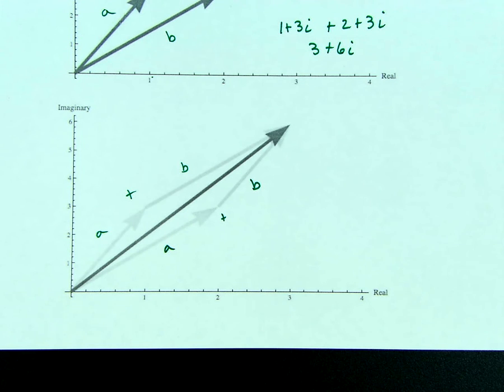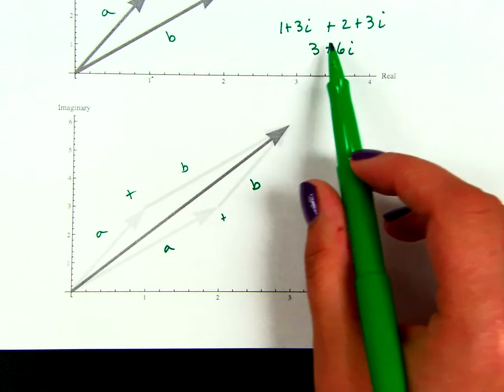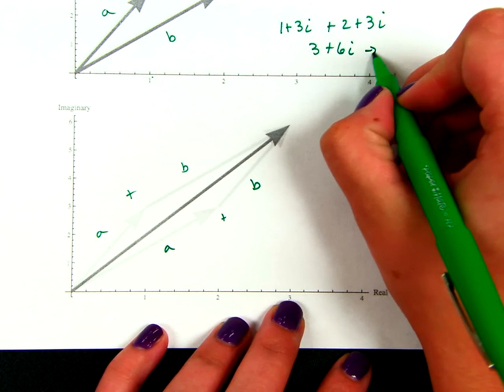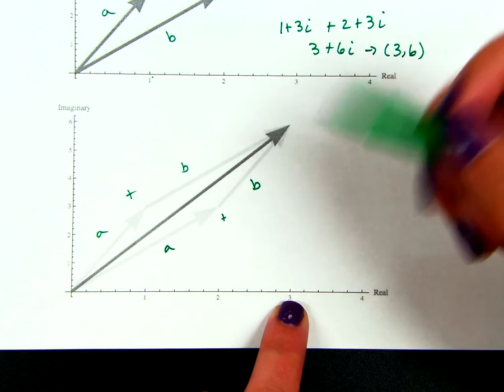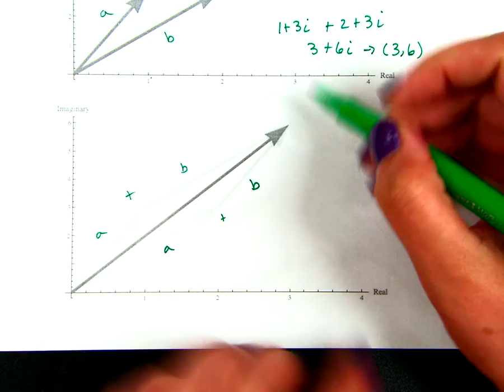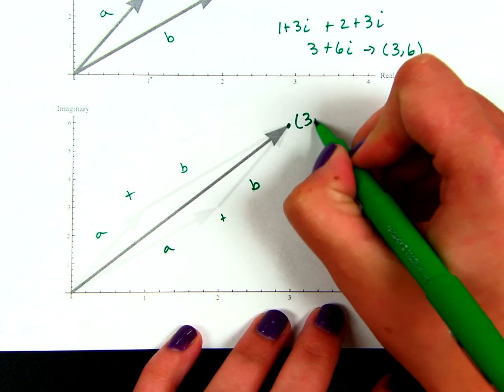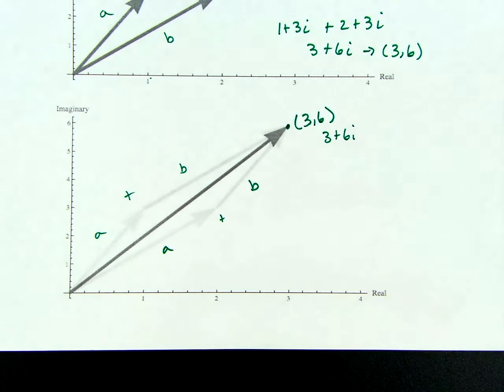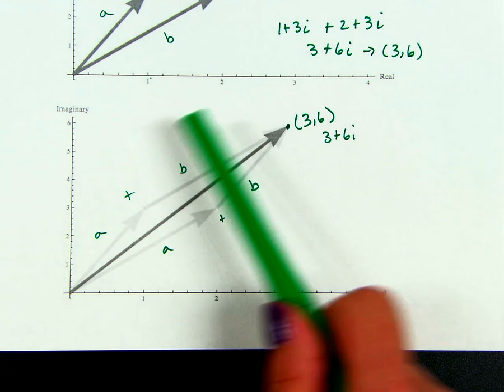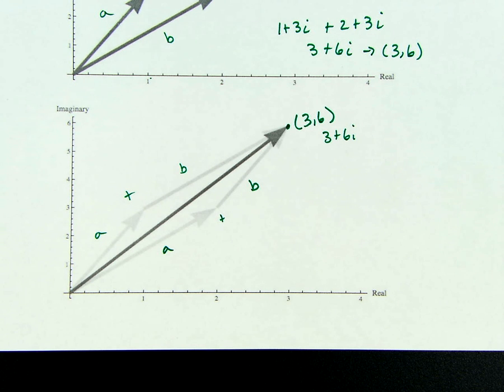So the order that we added, it's not really going to matter. But let's double check to see if we got this (3, 6). So remember, as a point, this would be just (3, 6). So on my graph, I'm going over 3, and I'm going up to 6. So I get (3, 6) here, which again is our 3 plus 6i. So geometrically speaking, when we're adding vectors or adding complex numbers, this is what's happening. Okay. And that is also going to conclude section 4.